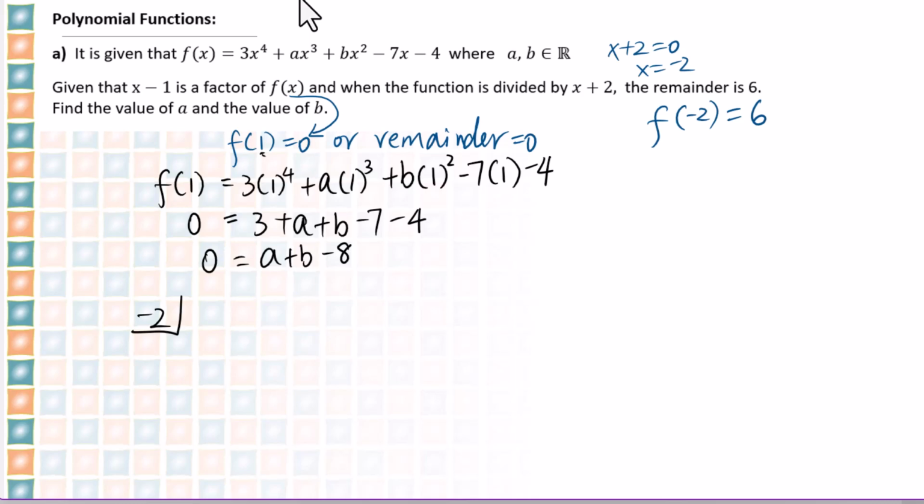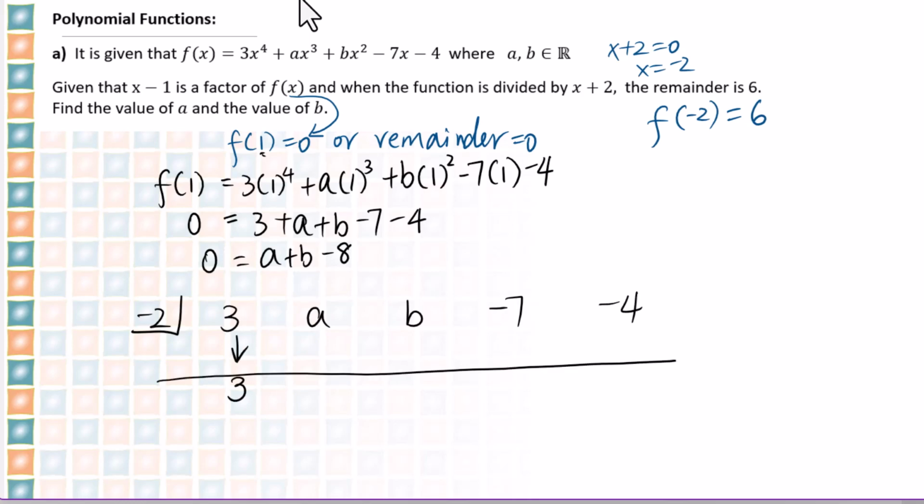Negative 2, 3, a, b, negative 7, negative 4. 3 drop down. Negative 2 times 3, negative 6, a minus 6. Multiplication, negative 2a plus 12. Adding, b minus 2a plus 12. Times negative 2, negative 2b plus 4a minus 24.